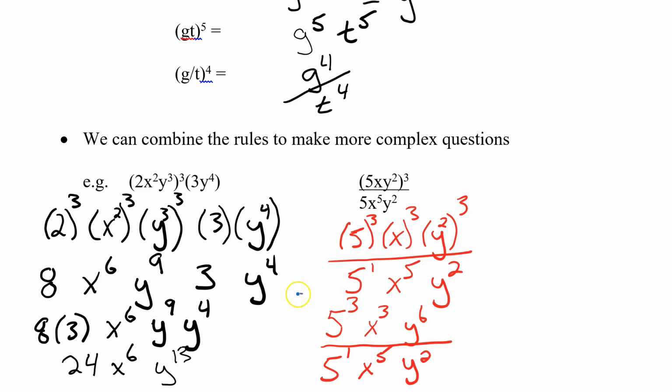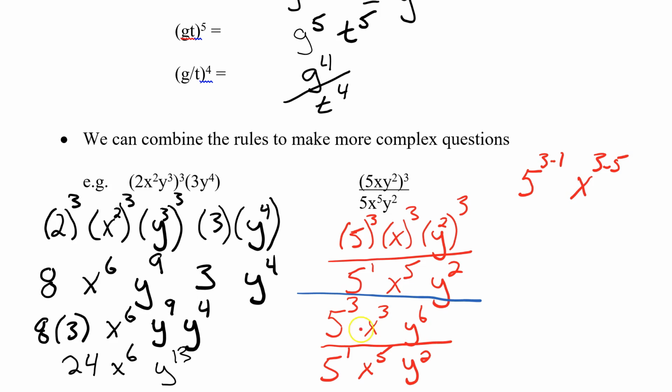Just draw a little line here so you can see the difference between step 1 and step 2. So now I can do some division. And here's why I didn't work this out earlier. This is division with the same base. Base is 5. So if I've got the same base, I'm going to subtract. So this is really 5 to the 3 minus 1. Same base, this is really x to the 3 minus 5.